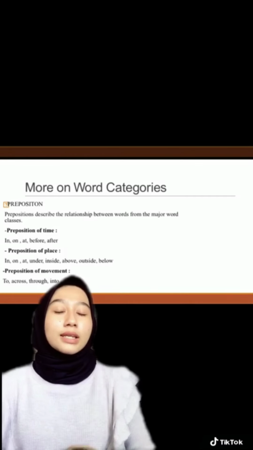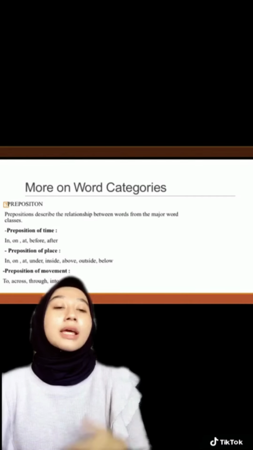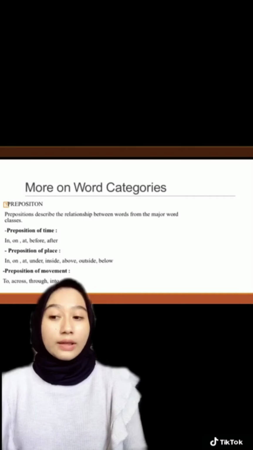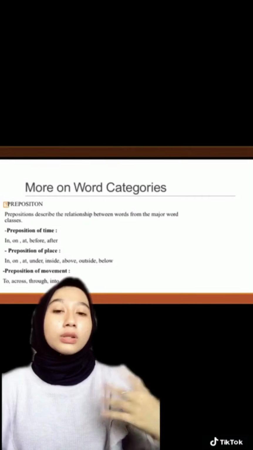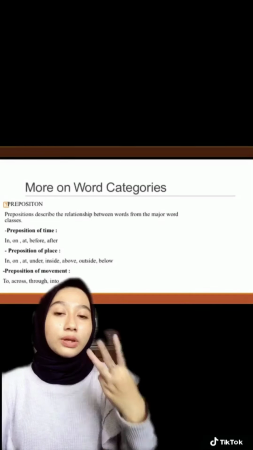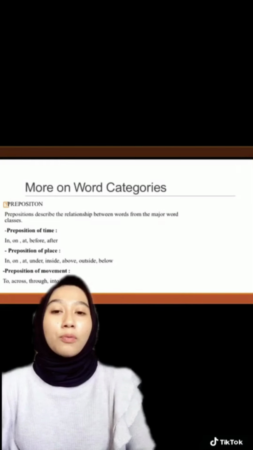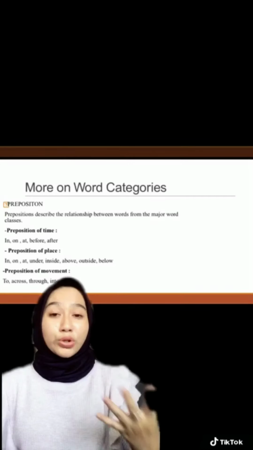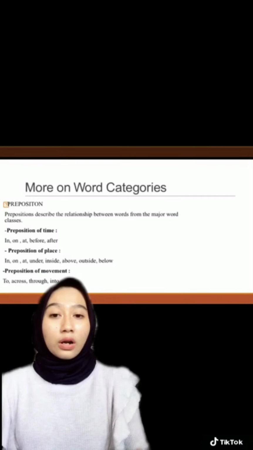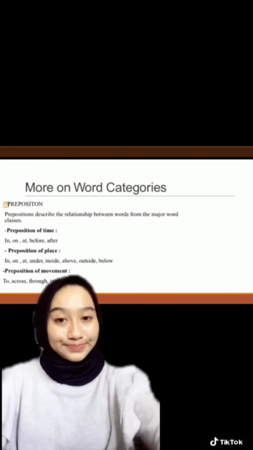Second is preposition of place: in, on, at, above, under, below, outside, inside. And third is preposition of movement: to, across, through, for, and so on.